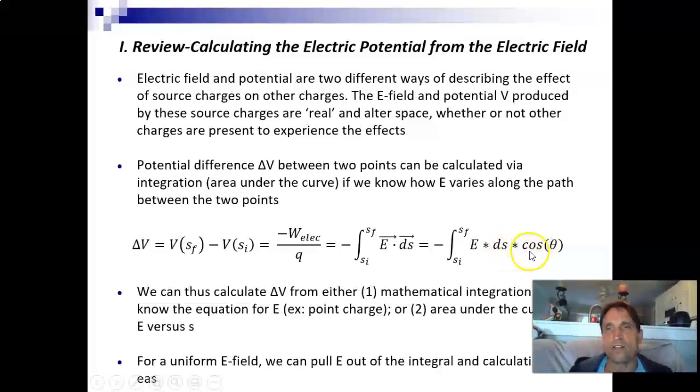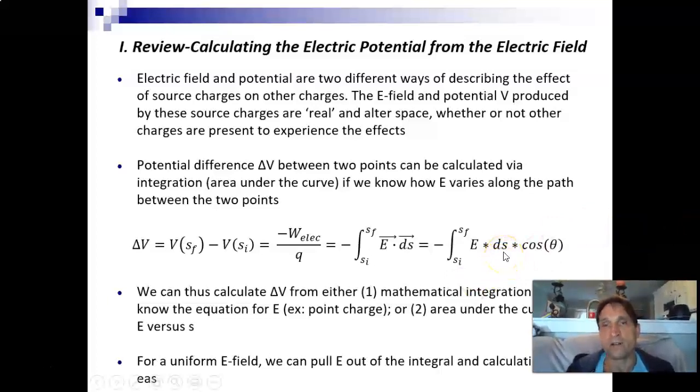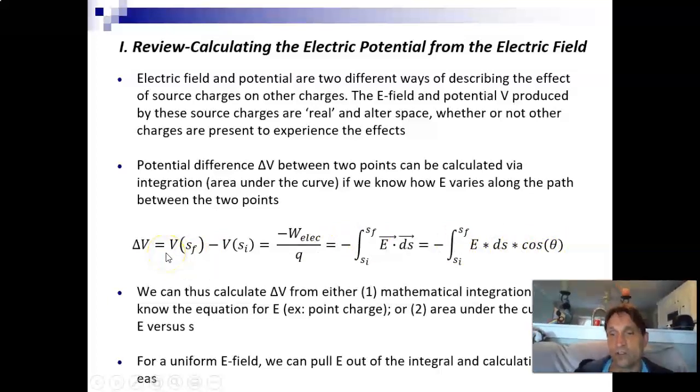So in other words, theta is equal to 90 degrees. So a charged particle is moving perpendicular to the electric field. What's the change in potential? If you plug in 90 degrees, cosine of 90 is 0. The integral of anything times 0 is 0, and delta V is equal to 0.